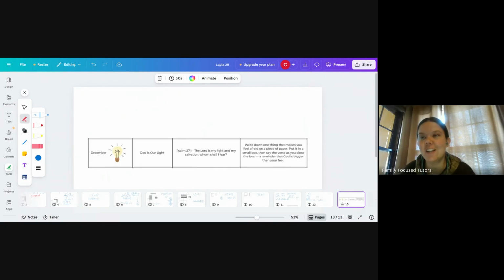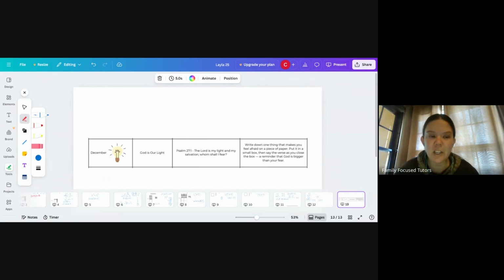So the suggestion is to write down something that you feel afraid of on a piece of paper, and then put it in a box or do something with it. Sometimes I write down something I'm afraid of, like if something's coming up, and then I rip it up. And then remember that God's in control. God is bigger than all of our fears. So we shouldn't fear anything when we know that God's got control of everything.